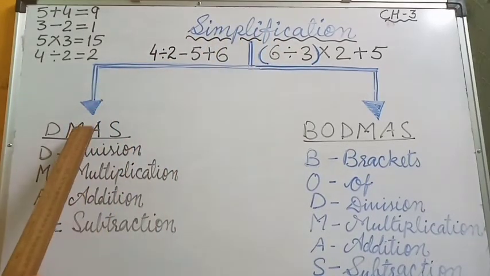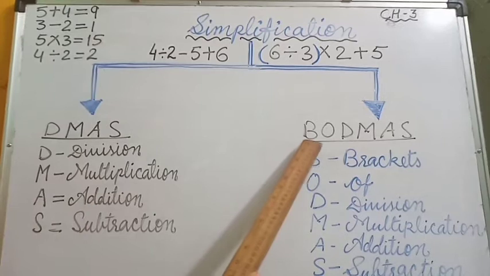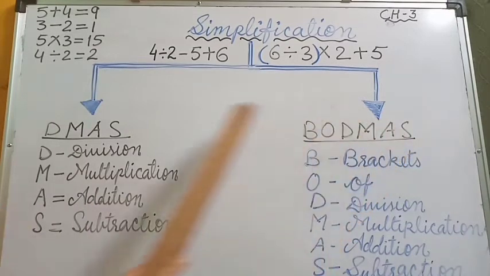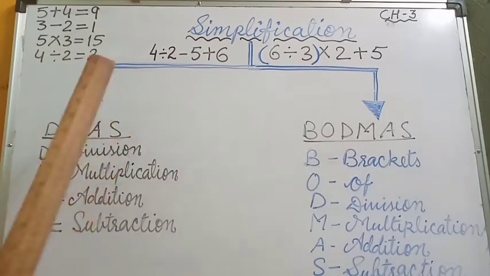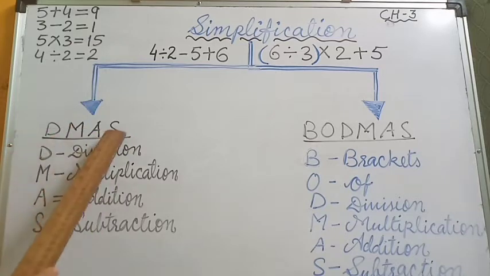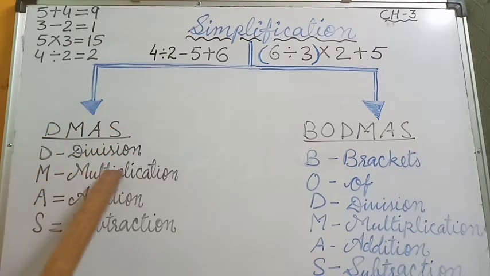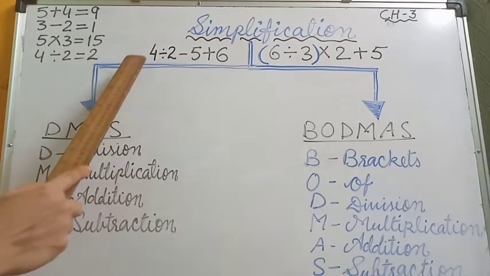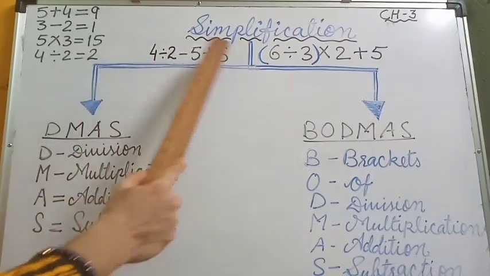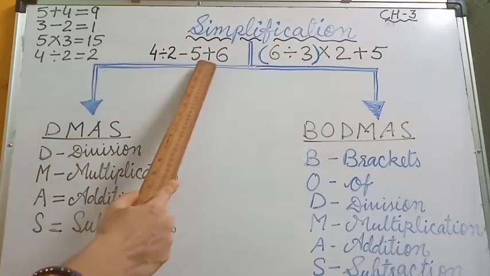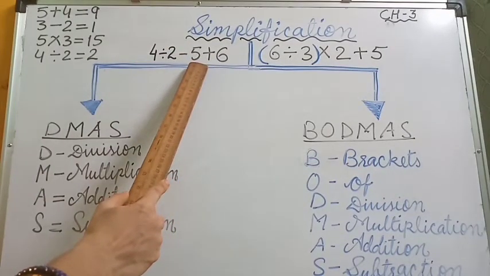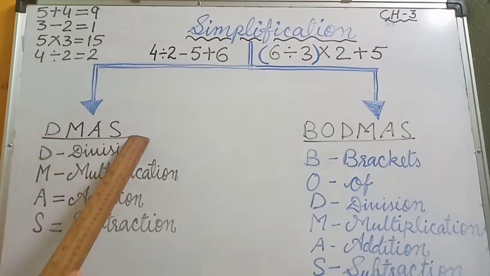The first rule is DMAS and the second rule is BODMAS. So what do these rules indicate? In DMAS rule, D stands for division, M stands for multiplication, A stands for addition and S stands for subtraction. If we have any expression where we have two or more operations, we can solve it using DMAS rule.